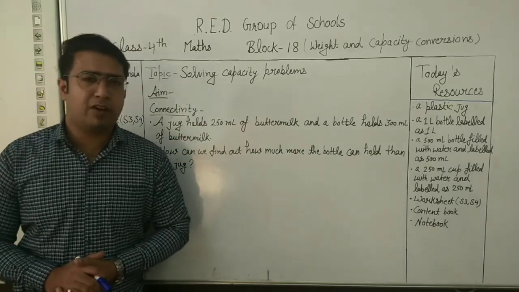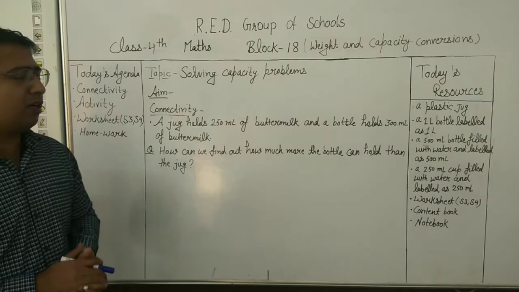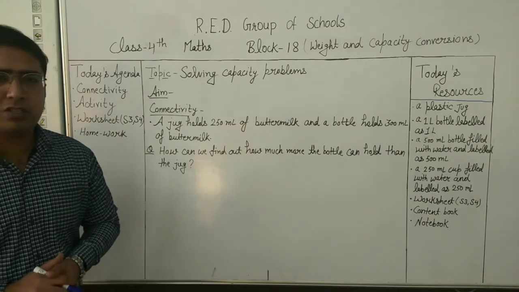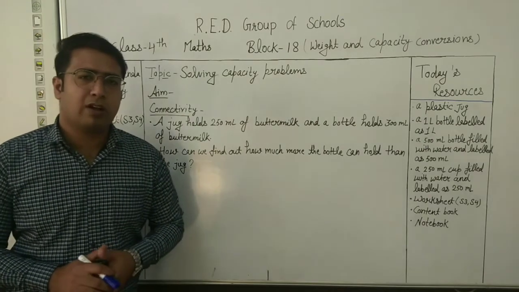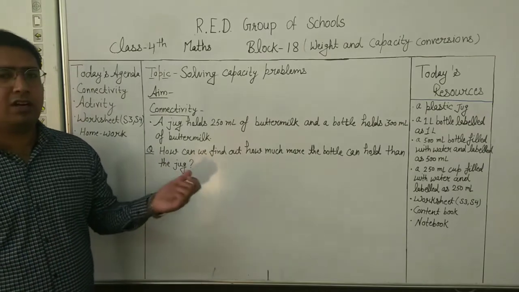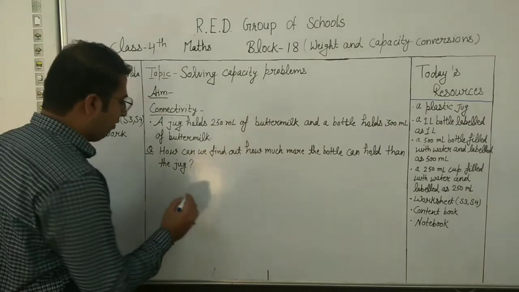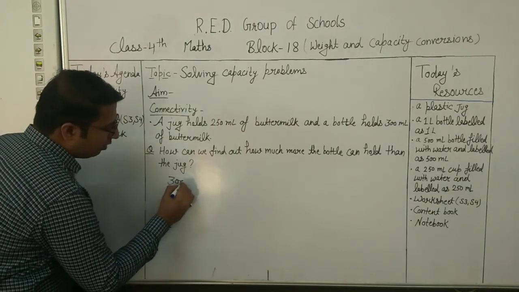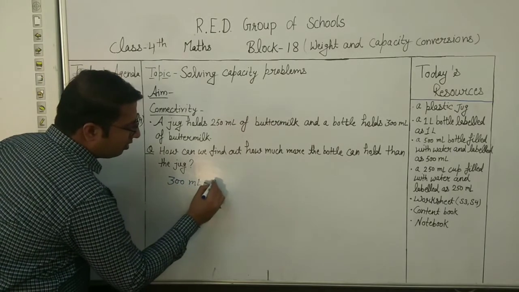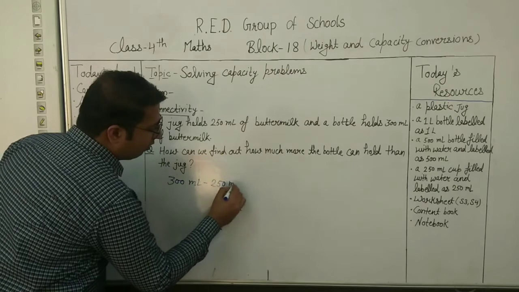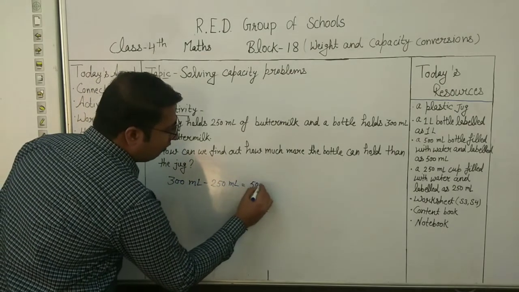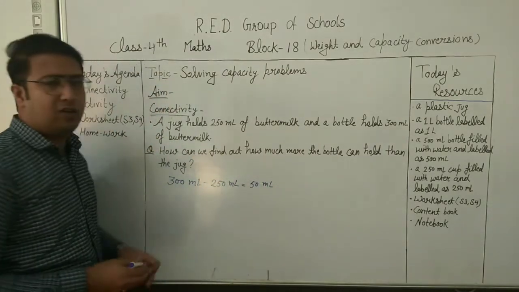When you subtract 300 milliliter minus 250 milliliter, you will get 50 milliliter.